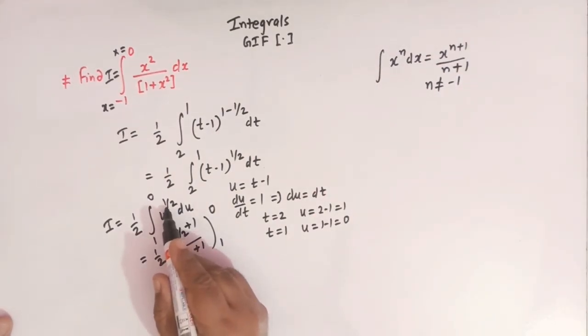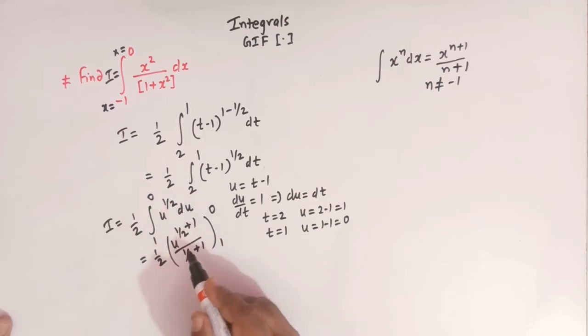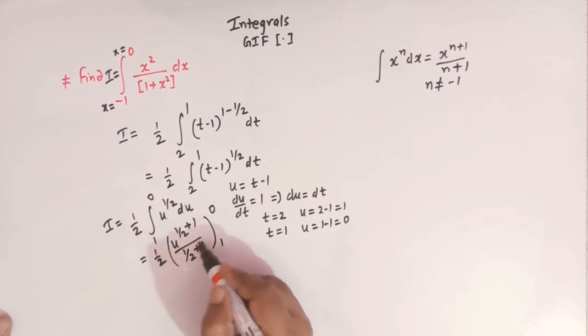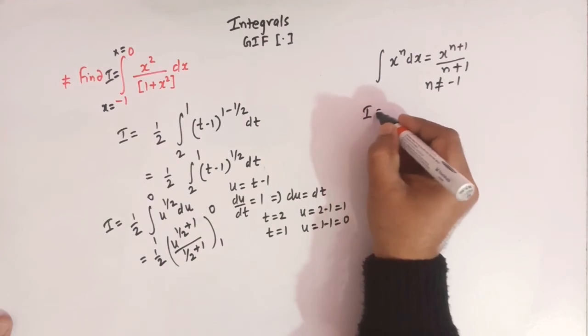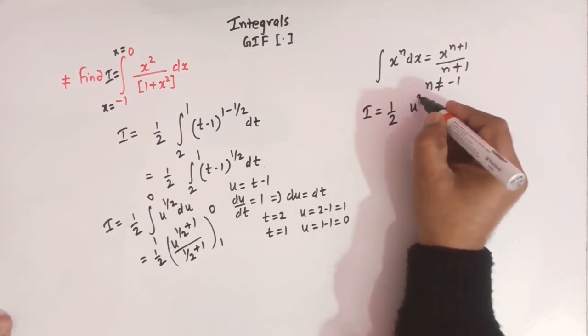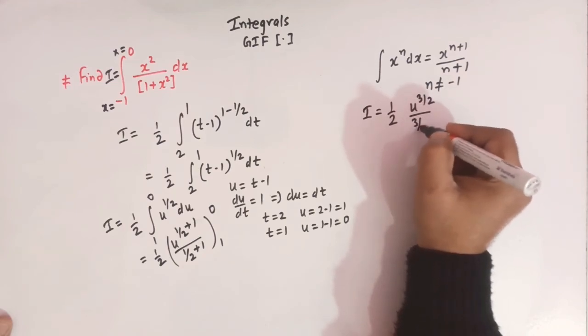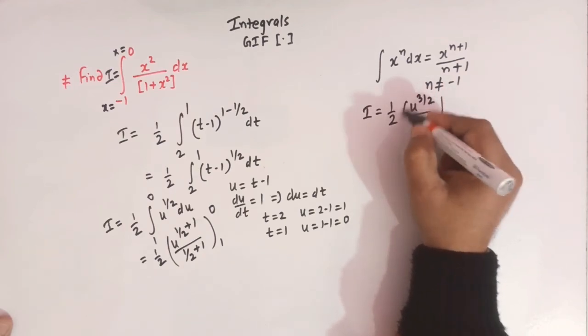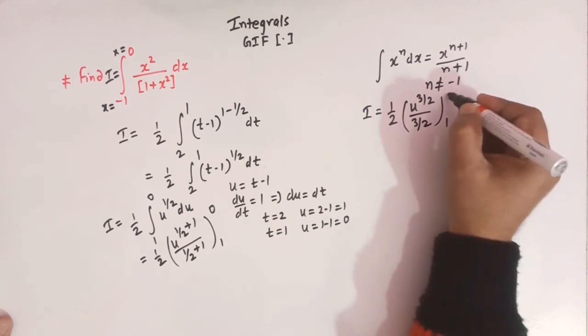Here the value of n is half. So now I is equal to half, u raised to 3 over 2 over 3 over 2, with limits from 1 to 0.